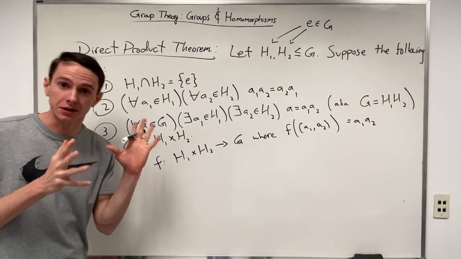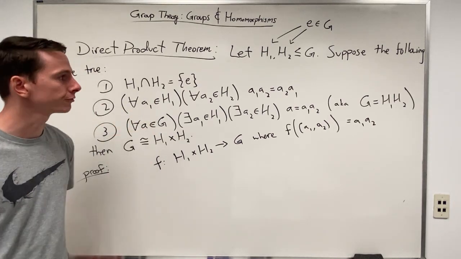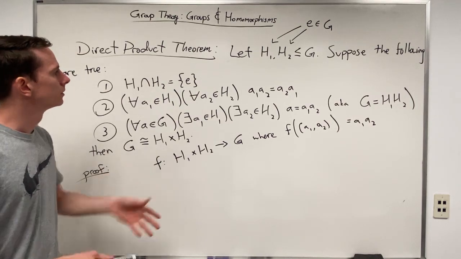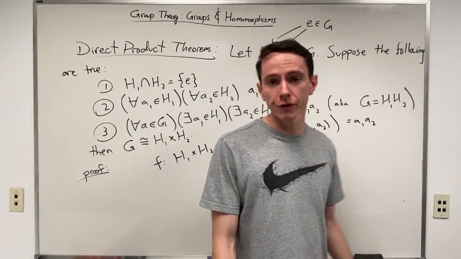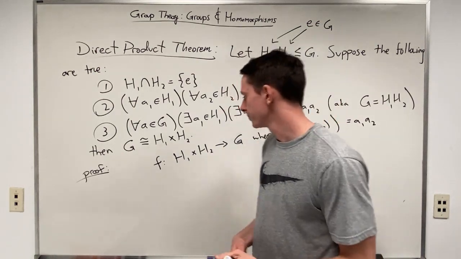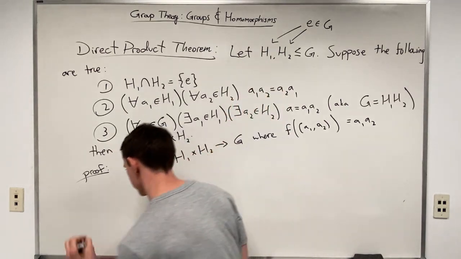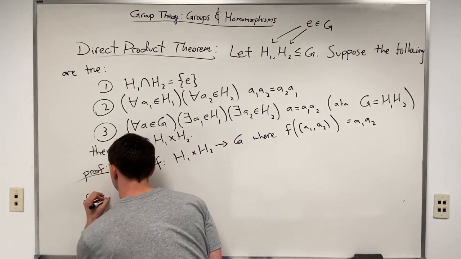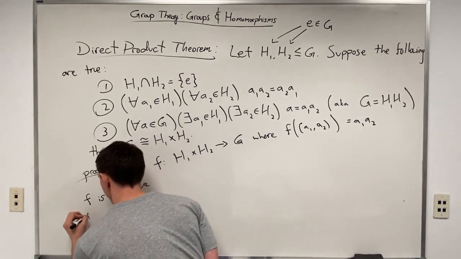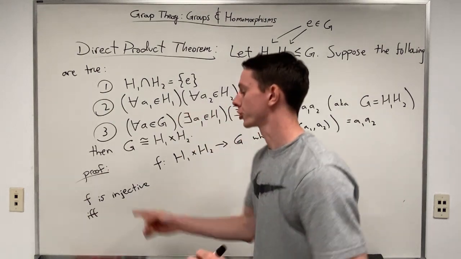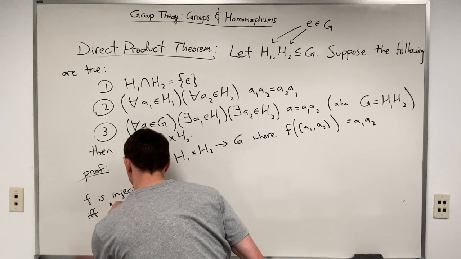Okay, so now to show that it is bijective, we need to show both that it's injective and surjective. It doesn't matter which order we do it in, but we'll start with the injective condition. If you remember, from a couple videos back now, we showed that a function f is injective if and only if the kernel of f is simply the identity element.